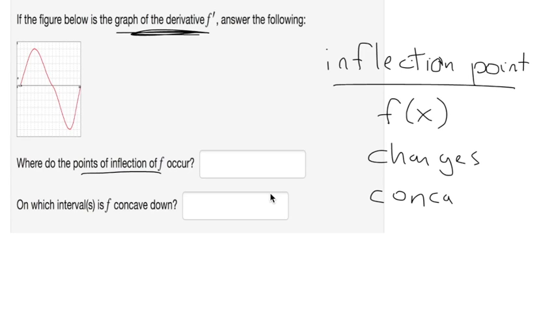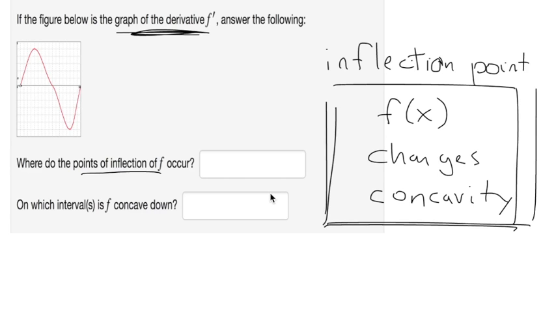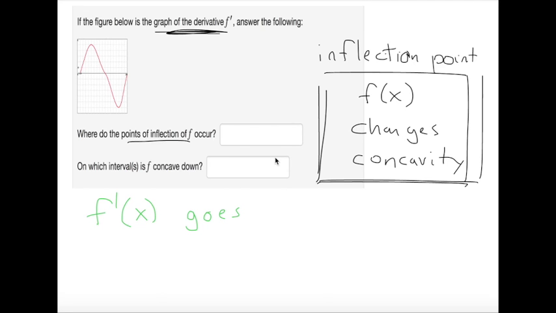There are a couple of ways that I can recognize that. One way to see that f of x changes concavity is the same thing as saying f prime of x goes from increasing to decreasing, or vice versa.